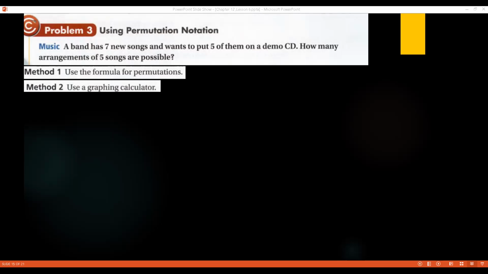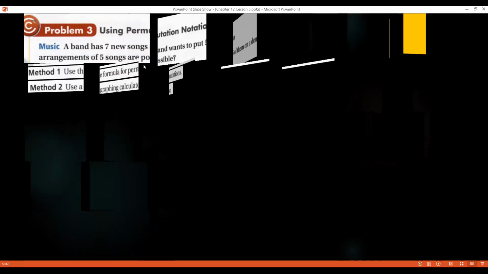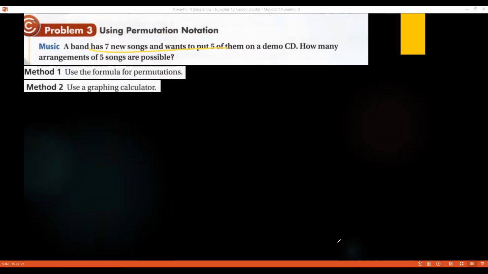So from this wording, I have to use permutation or combination. How many arrangements? They asked me about arrangements. This word helped me see that I'm talking about permutation. So after I analyze the word problem, I will write permutation of. What are the 2 numbers we have?